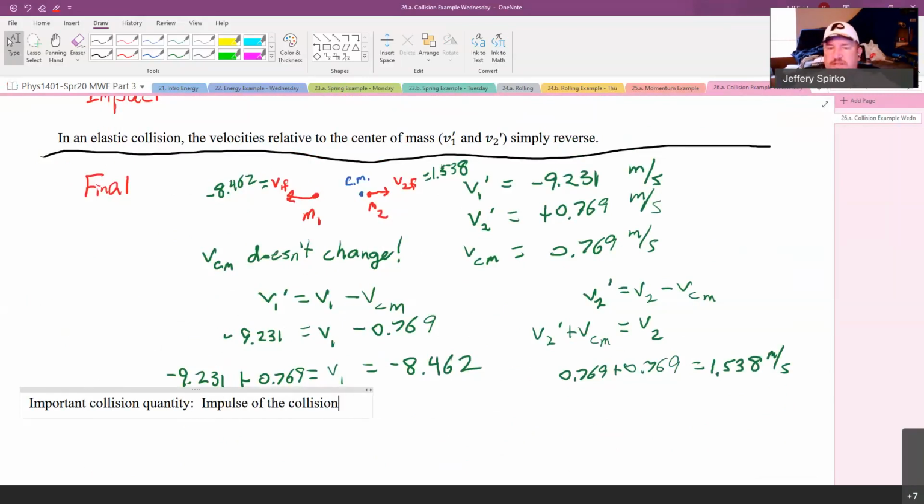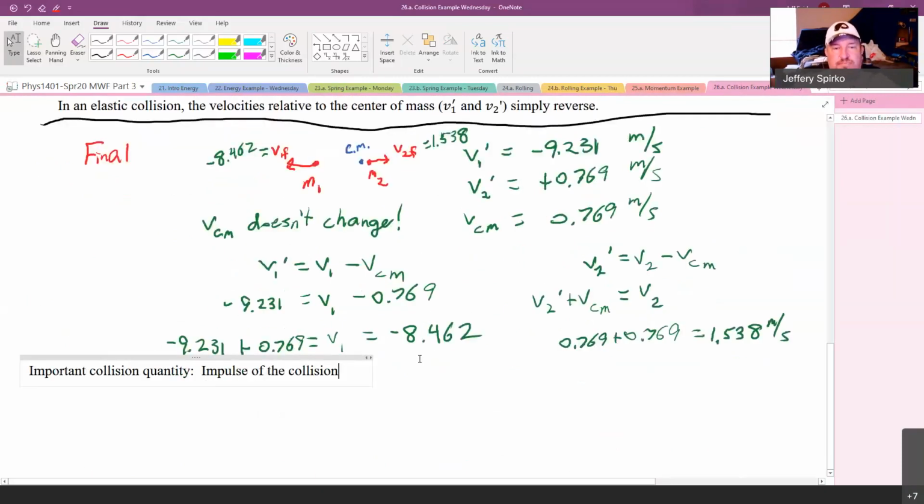Now there is an important collision quantity that I want to calculate, that is called the impulse of the collision. And that is the magnitude of delta P1, or the magnitude of delta P2.